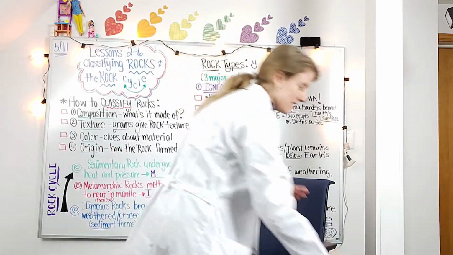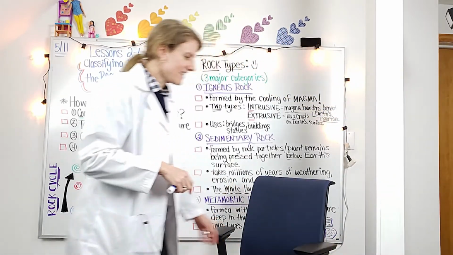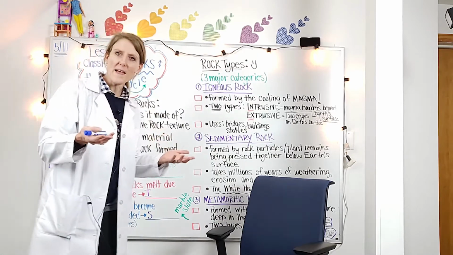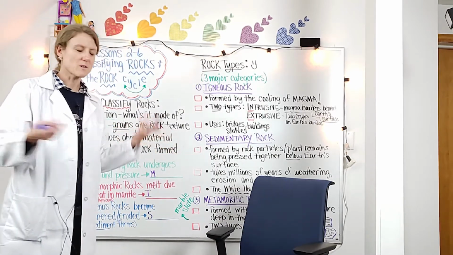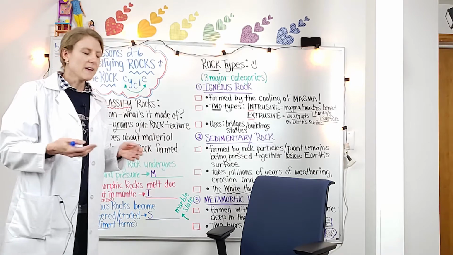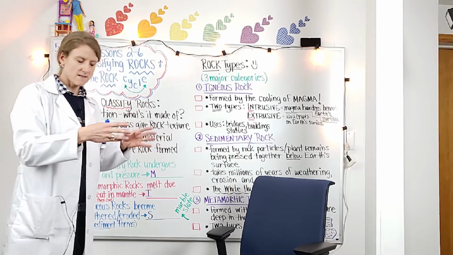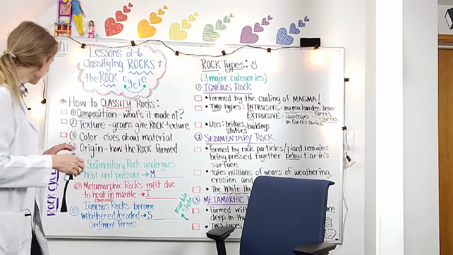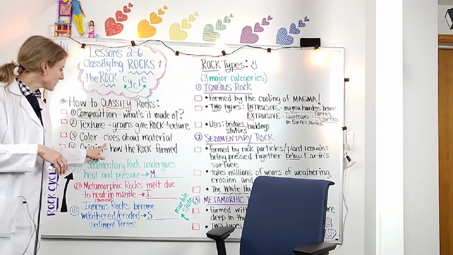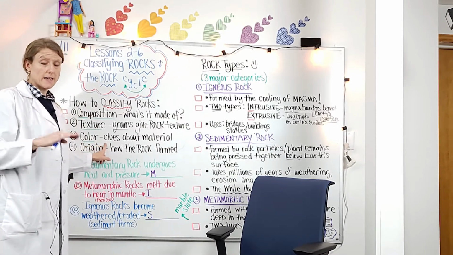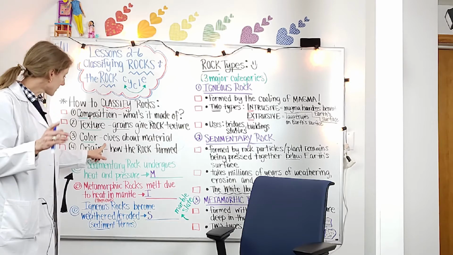I didn't yell, but I was a little bit upset. I had to figure out where they all went based on other characteristics. I couldn't just use color for any of those rock samples. I have to look at other things. The color can also give you clues about the material. Again, maybe not the exact material, but a clue.